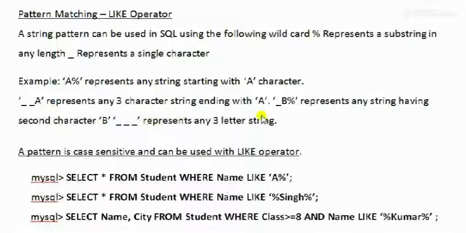So now underscore b mod, it means the second character is b, the first character unknown, and after b followed by any number of characters or any type of characters.